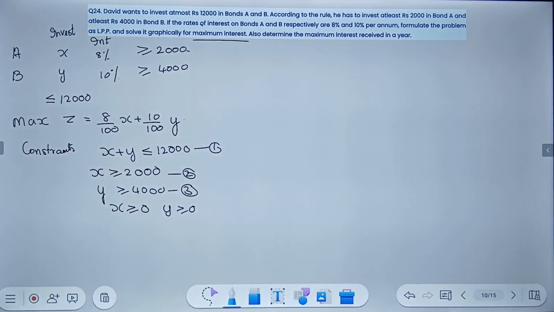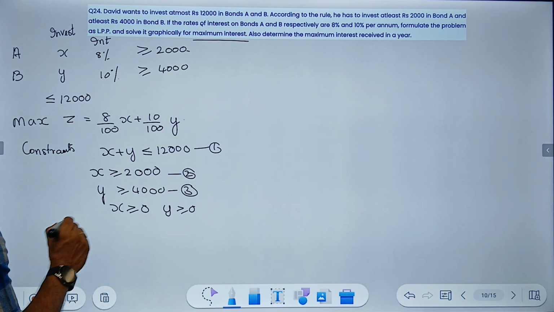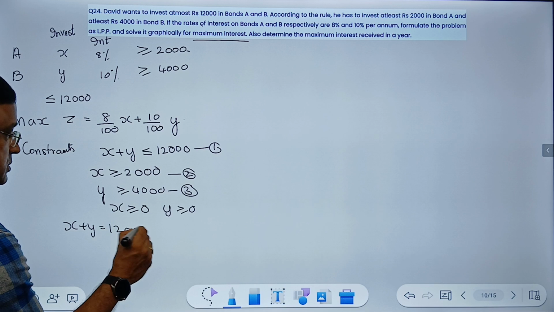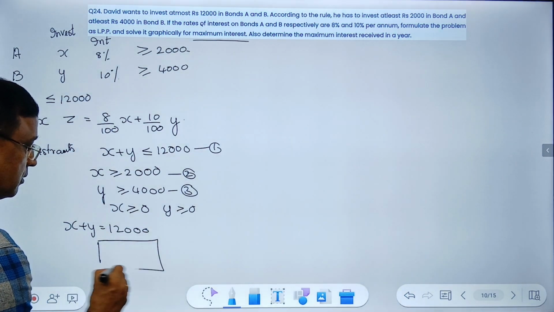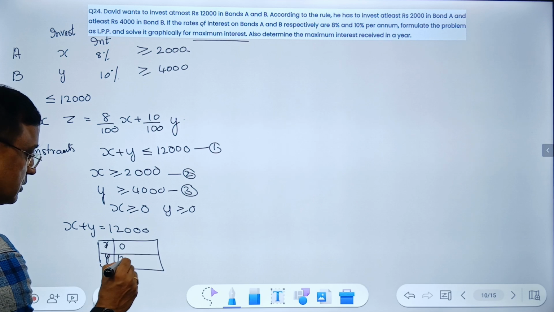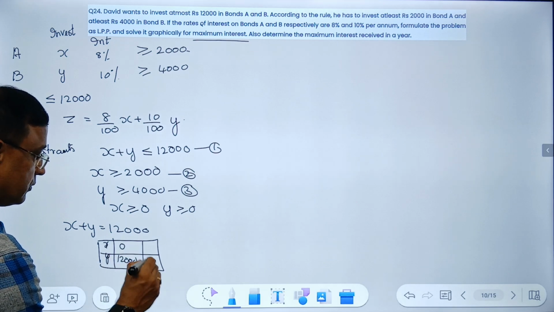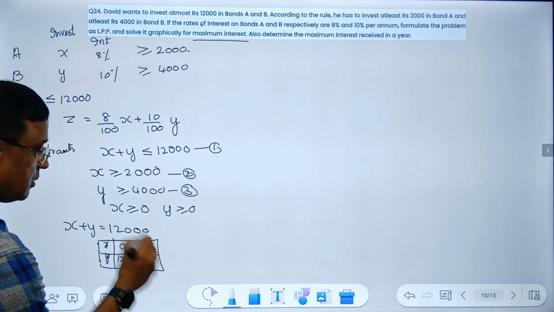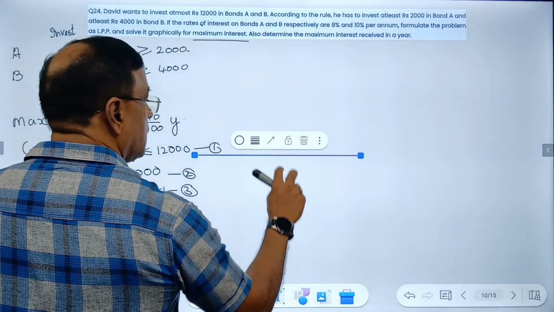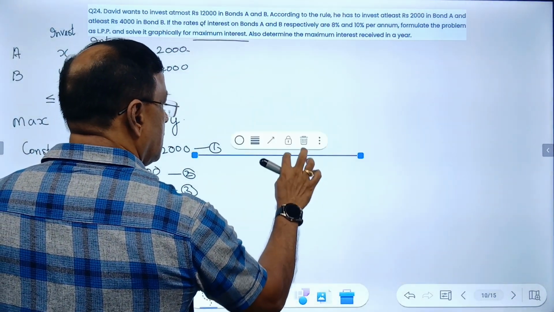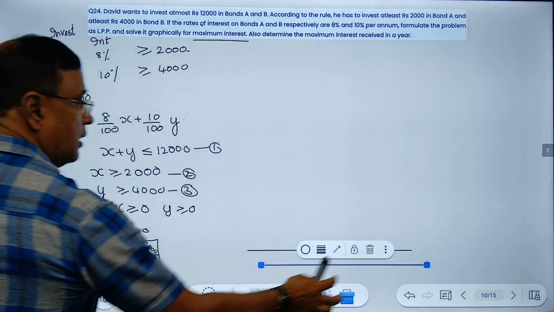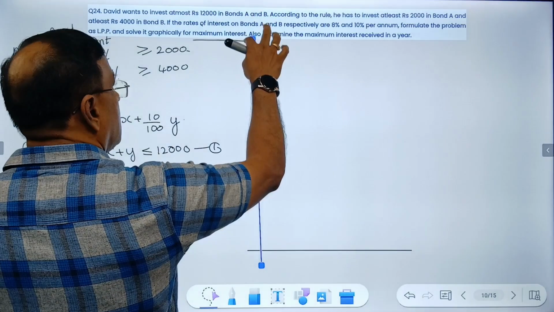Correct? So now what do you do? As usual, you take the equation x plus y equal to 12,000 and draw the table, even though it's not required in this case, but you draw it. X is 0, y is 12,000; y is 0, x is 12,000. Now let's go to the x-axis. This is my x-axis, and there goes the y-axis.